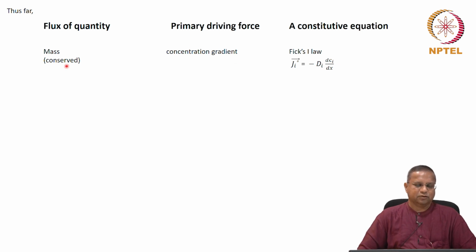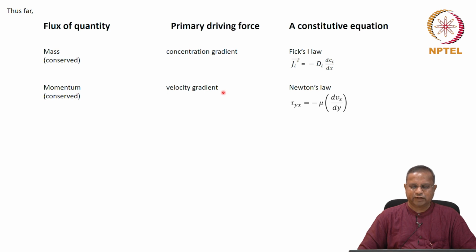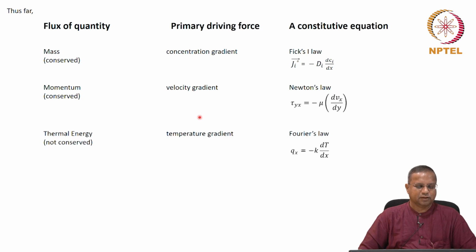Mass was conserved. Momentum was also conserved. The primary driving force for momentum flux was the velocity gradient, and Newton's law was the constitutive equation, tau_yx equals minus mu dv_x/dy. There's also a direction of motion and a direction of action, and there could be combinations in 3 dimensions.